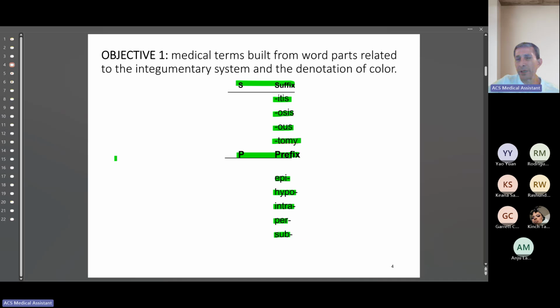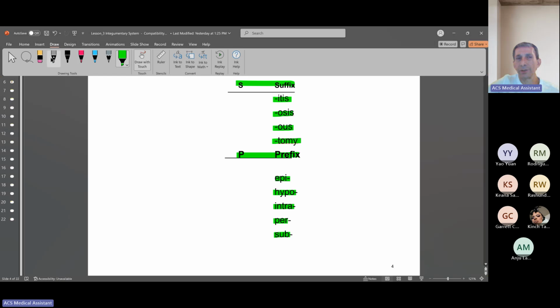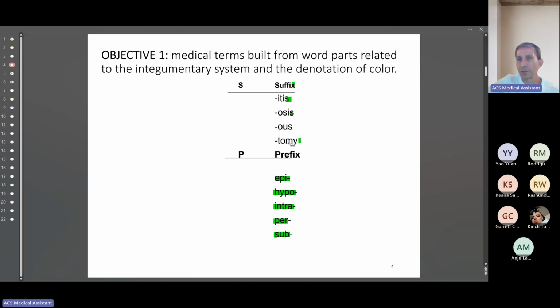So let's see some medical terms that have the word root, probably a combining vowel, and the prefix or the suffix, to see how we are going to interpret those medical terms. So once again, little by little, you're getting familiar because we are repeating most of these terms continuously.